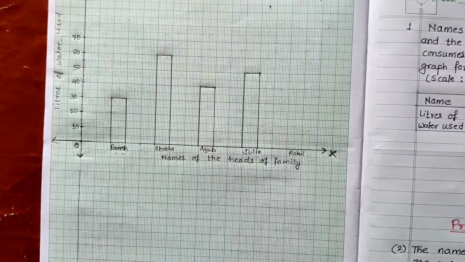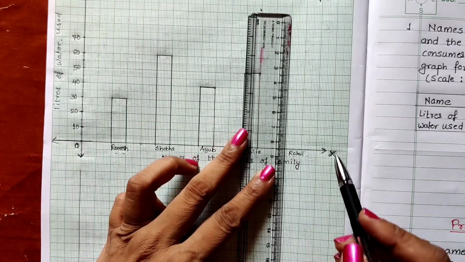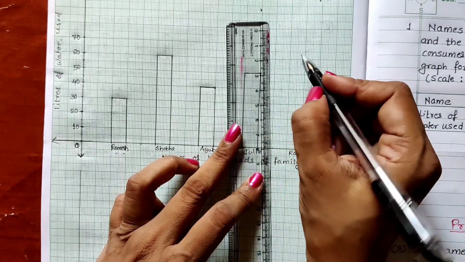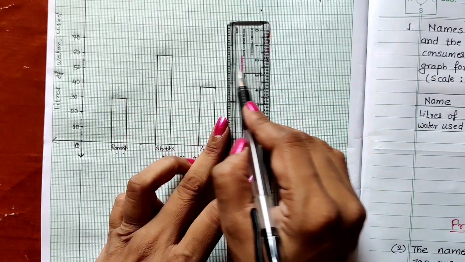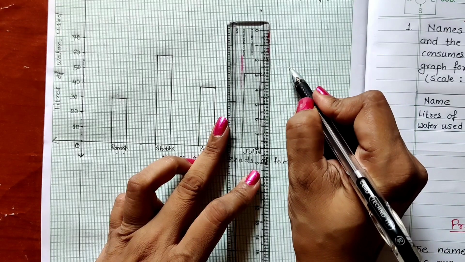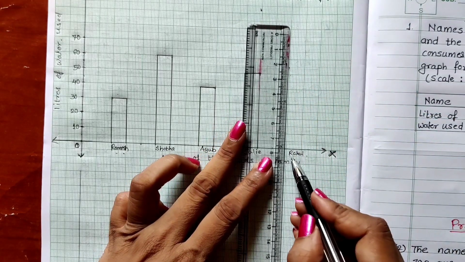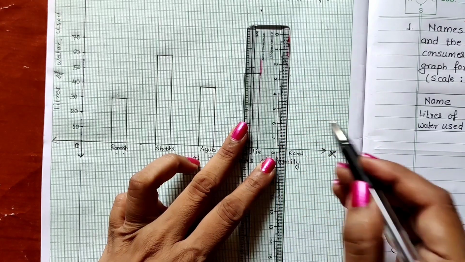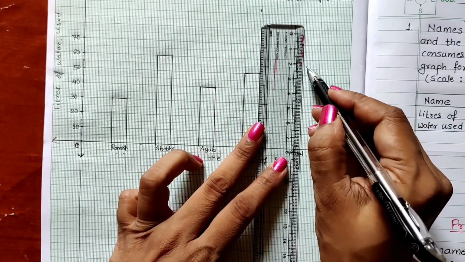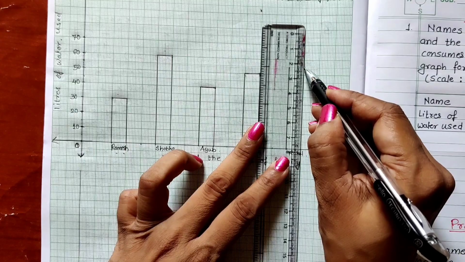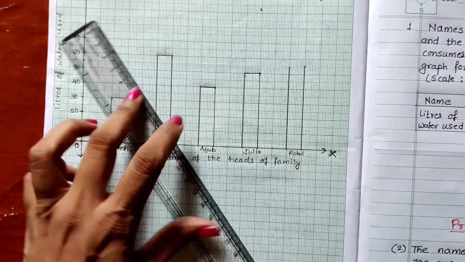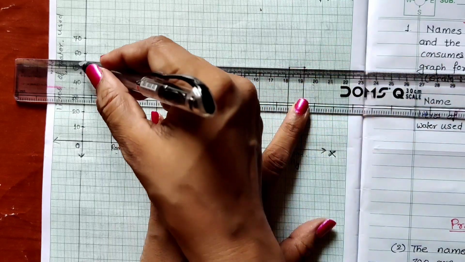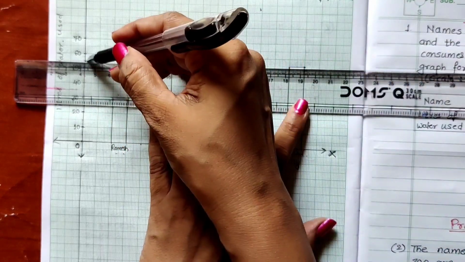So till 55 we have to draw the next bar. Okay, close it. Can you see it is still 55 here?